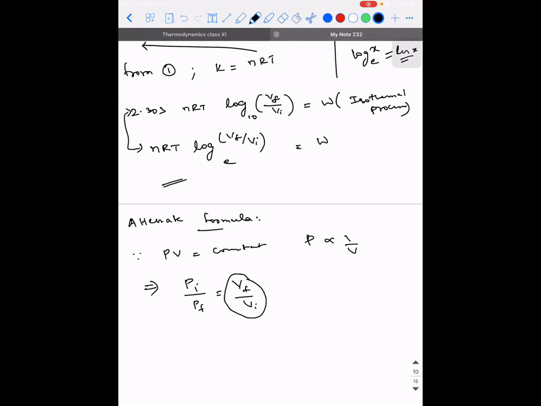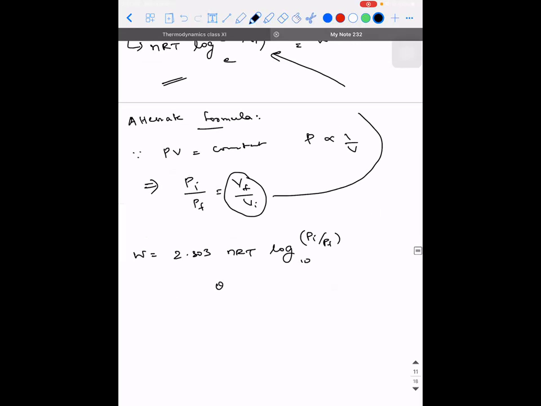So in this expression I can replace Vf by Vi. Work done can also be written as 2.303 nRT into log of P initial divided by P final base 10. Both mean the same.